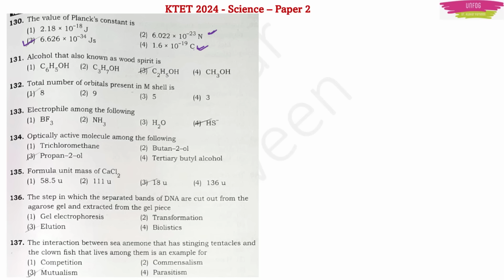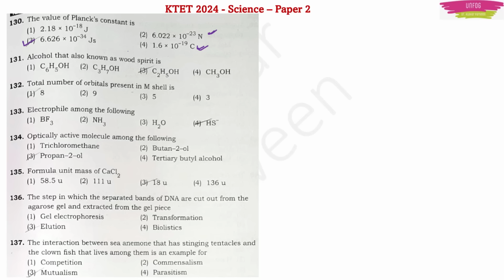Okay. Next question. Alcohol that is also known as wood spirit is. So this is also a little bit common type of question only, but maybe PM method aspirants will feel it tougher because this becomes easy for CB method aspirants. Actually they have given a few questions from PUC also, which we did not expect.